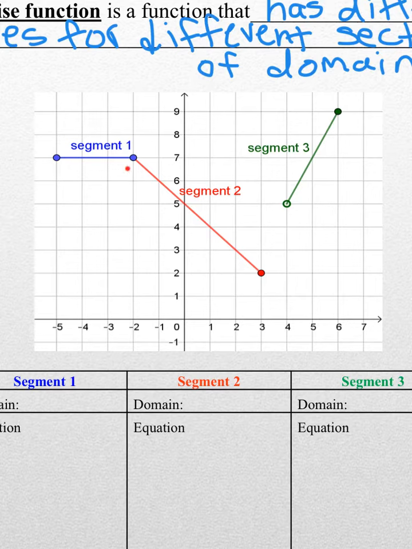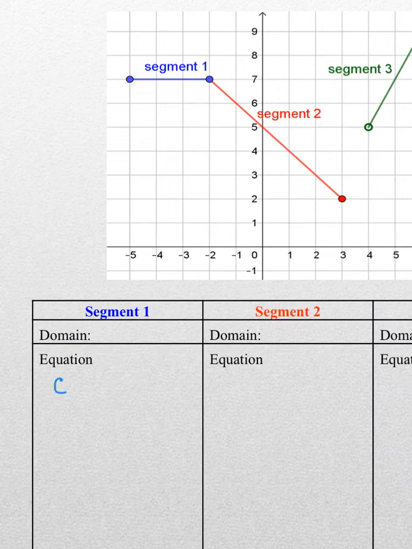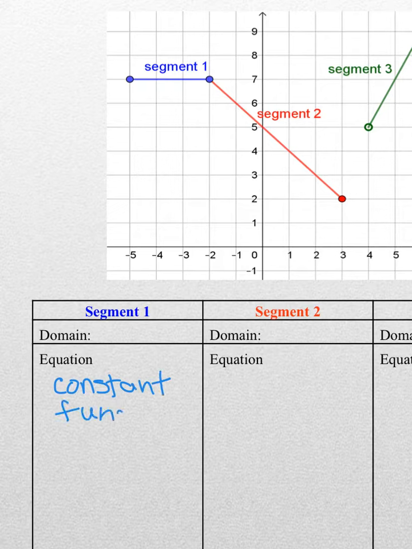If you recall from a previous section of notes, segment 1 is a flat horizontal piece, and we call that a constant function. So I'm going to just write what type of function it is, constant function. And you can see that the output of the constant function is consistently a 7.